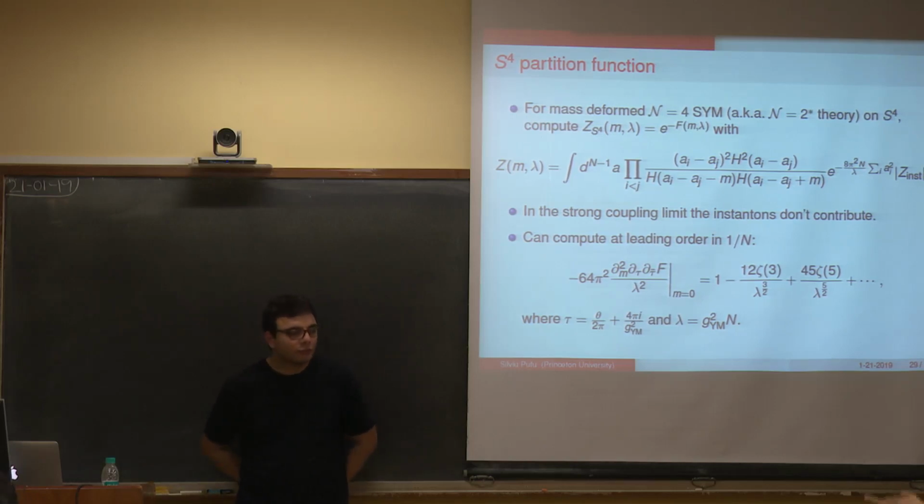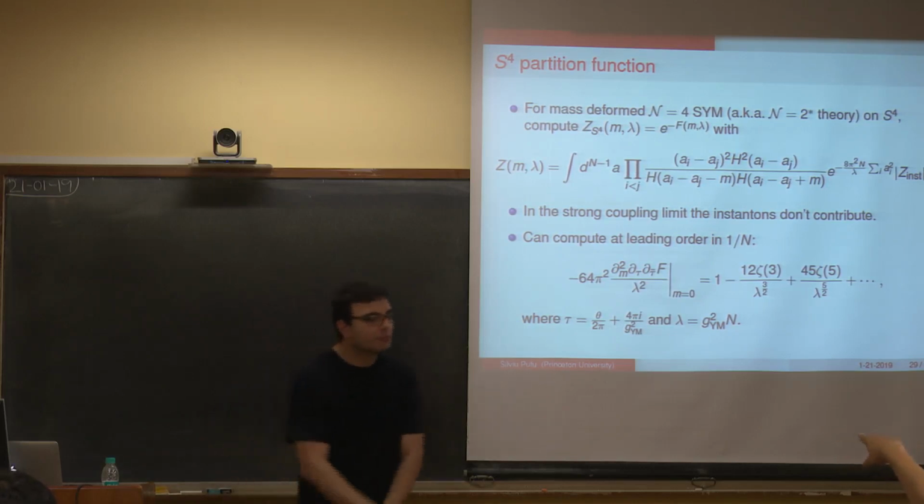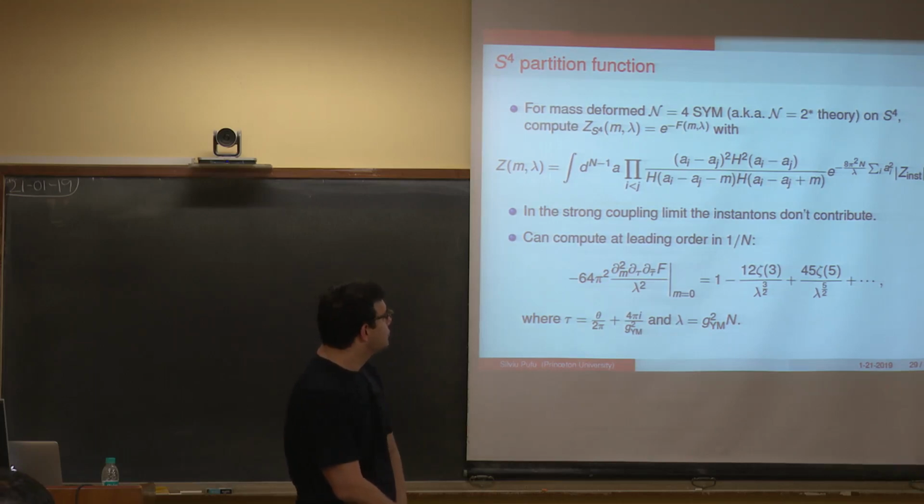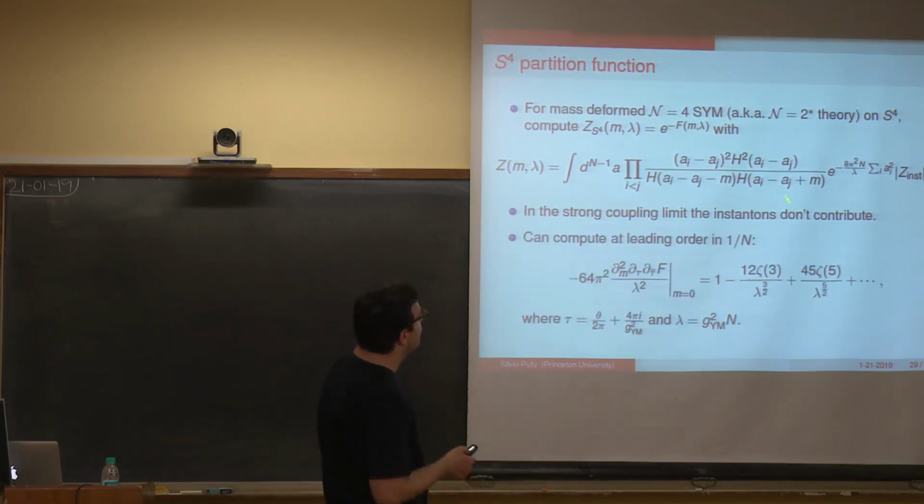I have a technical question. In the mass going to zero limit, you said that this S4 partition function became a Hermitian matrix model with polynomial potential. Yes, this one is just a Hermitian matrix model in the mass goes to zero limit because these H's go away.